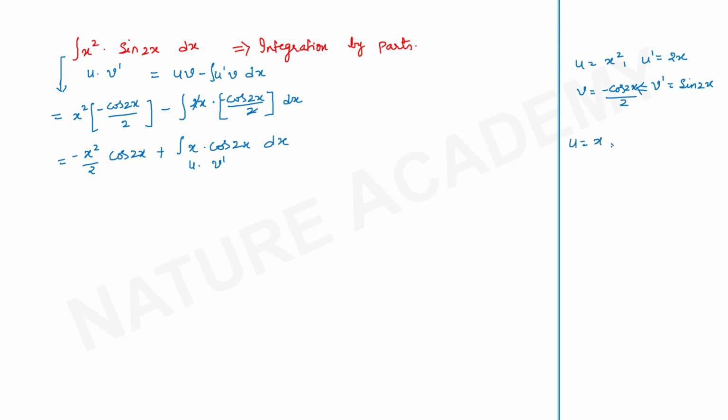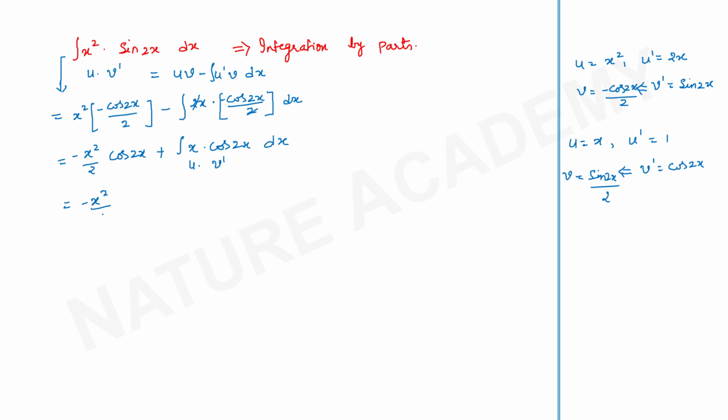Here u is x, therefore its differentiation gives you 1, and v dash is cos 2x. Therefore if you integrate it, you get the value of v, which will be sine 2x by 2. We can substitute this here again.